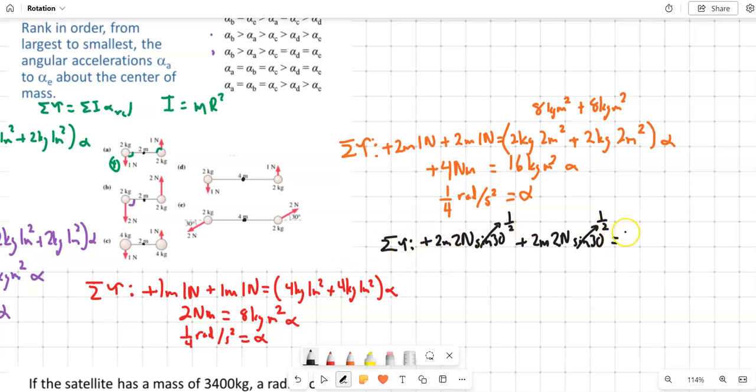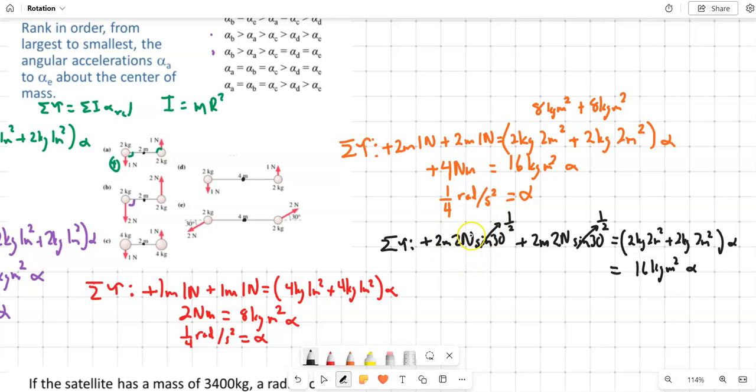And again, just like D, this is going to be 2 kilograms times 2 meters squared plus 2 kilograms times 2 meters squared, and that's going to be times alpha. So again, that's going to be 8 plus 8, which is going to be 16 kilogram meters squared of moment of inertia times alpha.